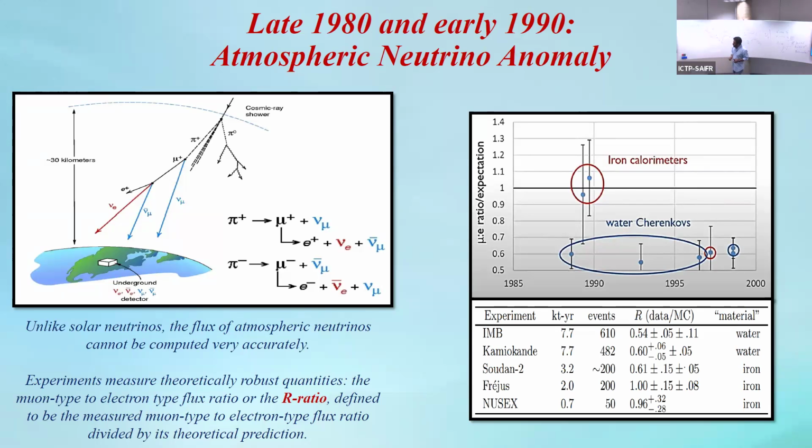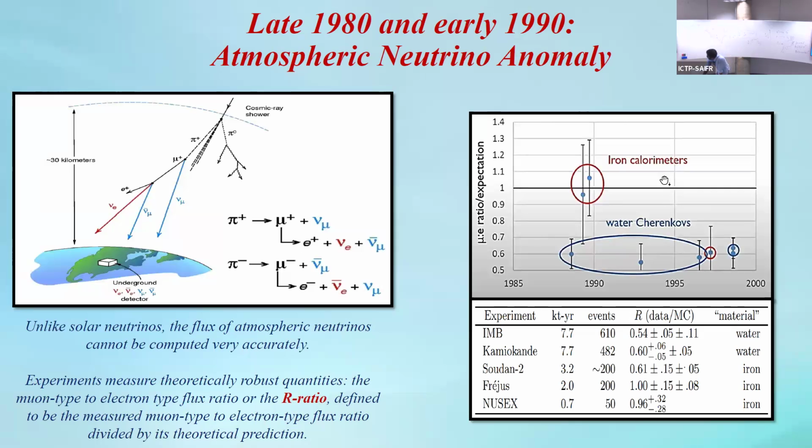What was that? Unlike the solar neutrino flux, which you can measure so precisely, the atmospheric flux you cannot measure precisely. There are a lot of uncertainties and so on. So people tried to figure out experimentally what observable I can look for, which I can measure very precisely. That they defined as the R ratio. And this R ratio is defined as the measured muon type to electron type flux of the neutrino divided by its theoretical prediction.